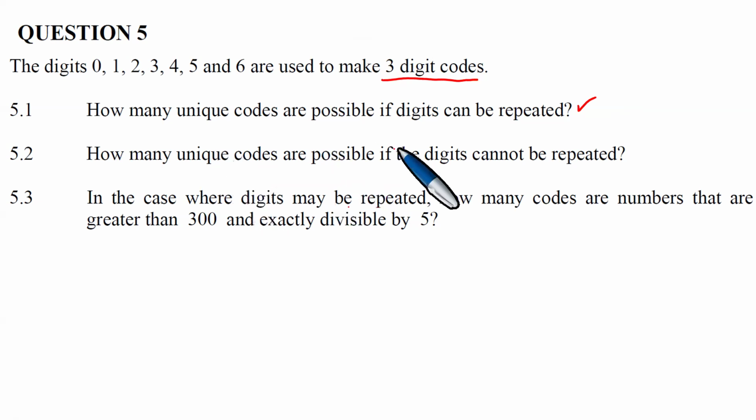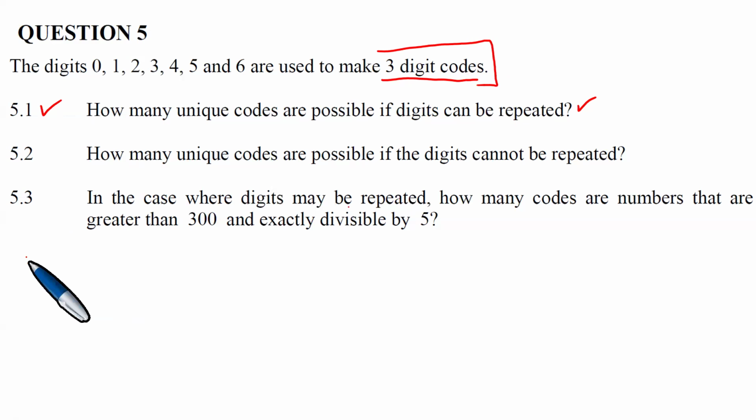How many unique codes are possible if digits can be repeated? Okay, we're good. Let us check this question out. Now, if you are to deal with this question, the number of unique codes, remember that we are to make 3-digit codes in 5.1.